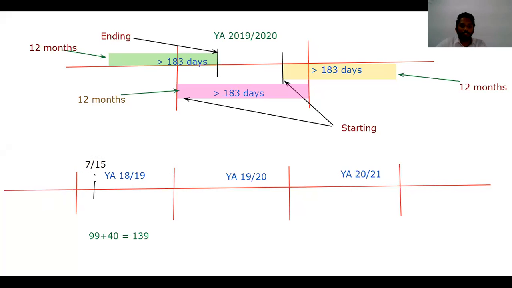Then what you need to do is, from July 15, you need to go 12-month period from this date. Then you need to draw a 12-month diagram like this. 12 months.